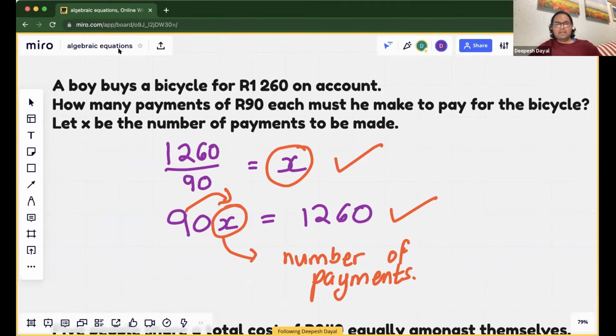Somebody has given the answer and said it's 14. 90 times 14 equals 1,260. So there are actually 14 payments. So 14 is the answer to this, right?